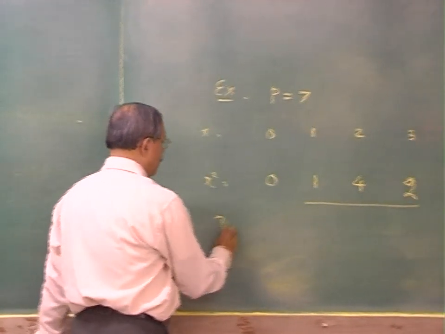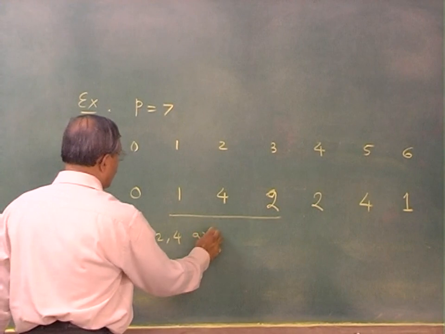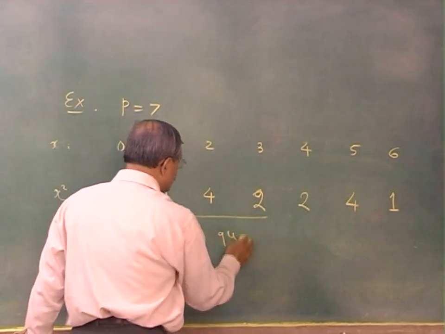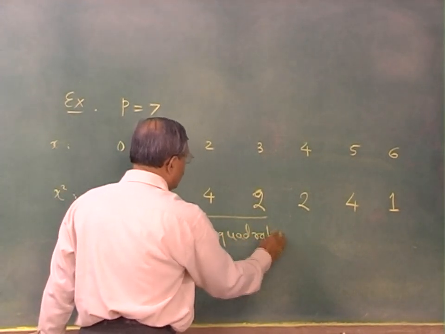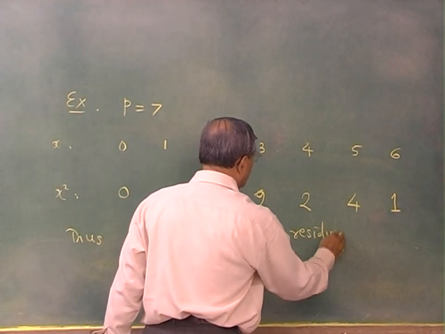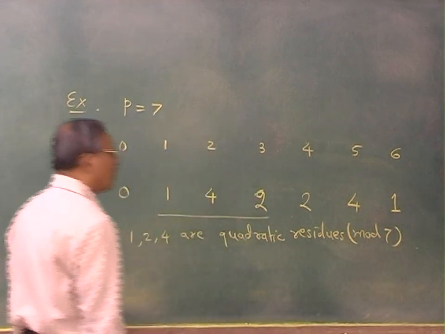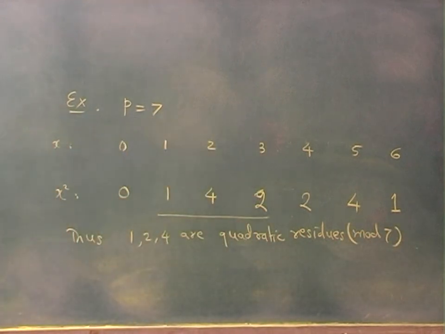So 1, 2, 4 are quadratic residues mod 7. And others are not coming as squares of anything.